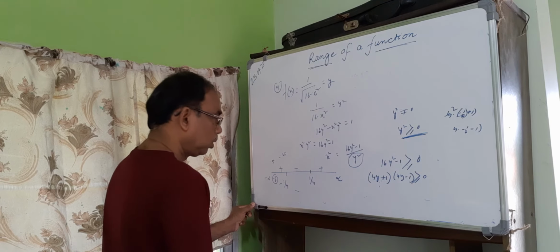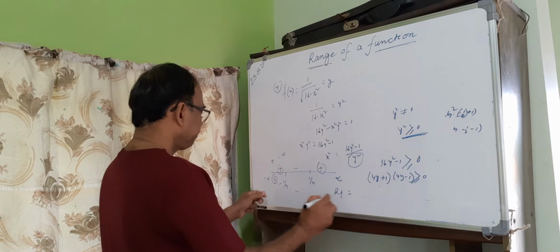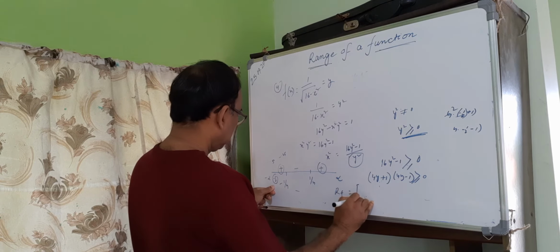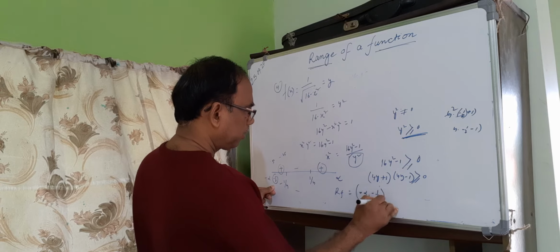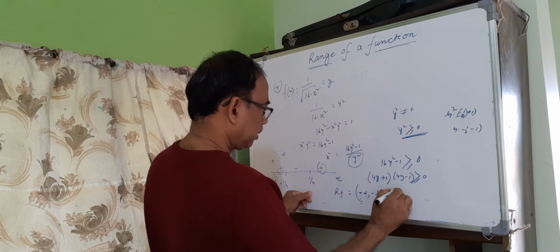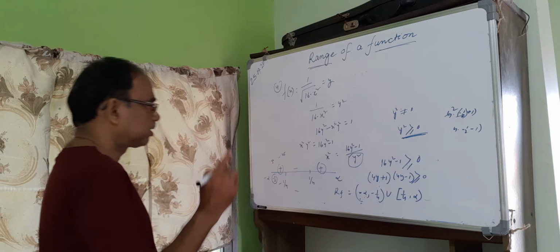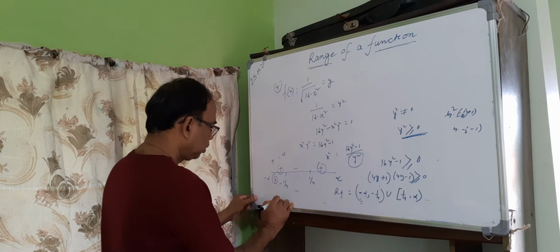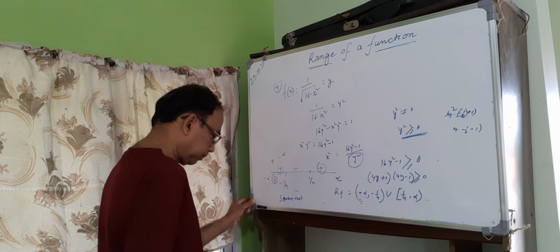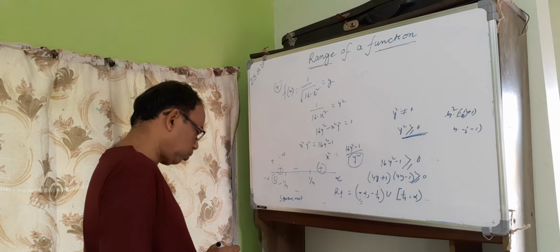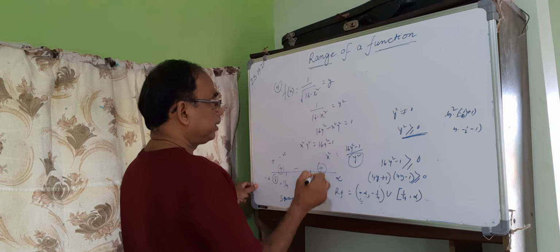Therefore, the range of the function equals this, and this should be taken, that is minus infinity to minus 1 by 4 union, with third bracket, 1 by 4 to infinity. But just like the previous one, a square root function should not be negative.